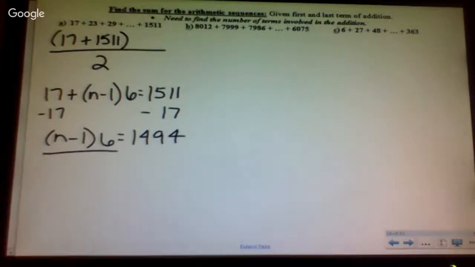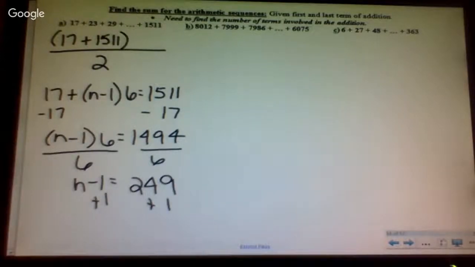1494. Divide both sides by 6. So n minus 1 equals 249. Thank you. Okay, and add 1 to both sides. So n actually equals 250.